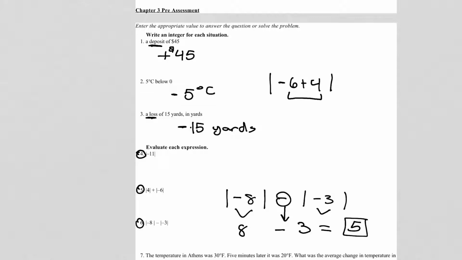Well, the negative team won by 2 points, so negative 6 plus 4 is negative 2. And now that we have one value in the absolute value symbol, we can take the absolute value. So the absolute value of negative 2 is positive 2. That was not on your practice test, but that's good to know.